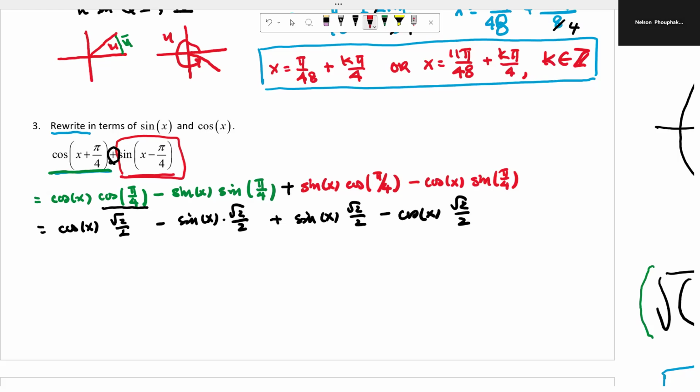Then now you will see that this one and this one cancel. This one and this one cancel. So my answer is equal to 0.